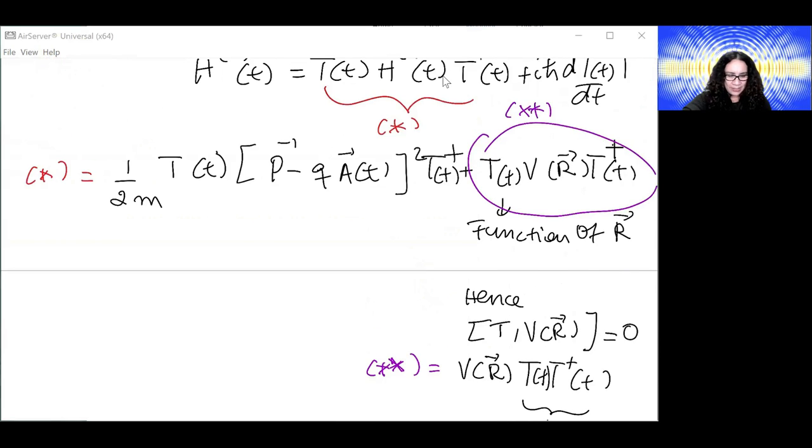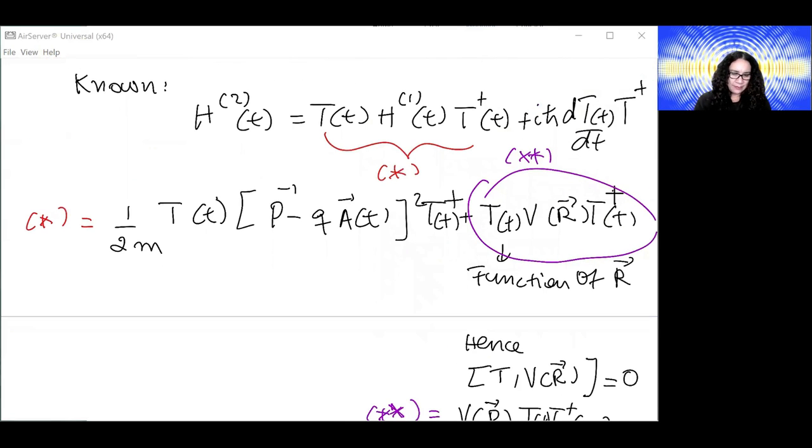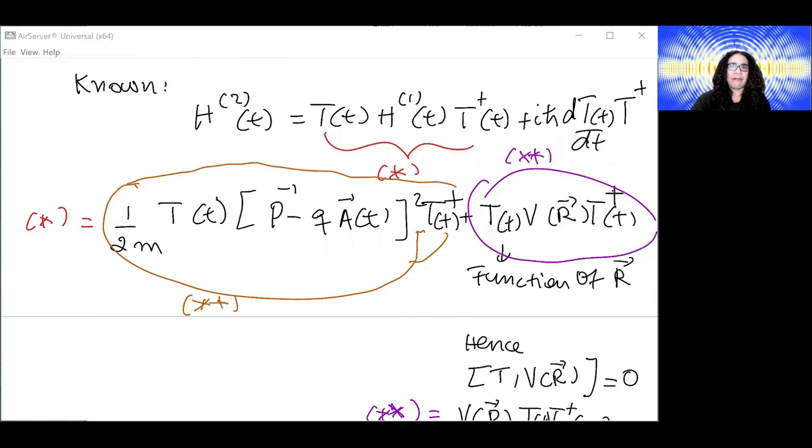So this is something that is very helpful for us. Let's go back to the other one, which was this guy. I'm going to paint it differently, orange, how about orange? Call this double star, and we want to compute this.